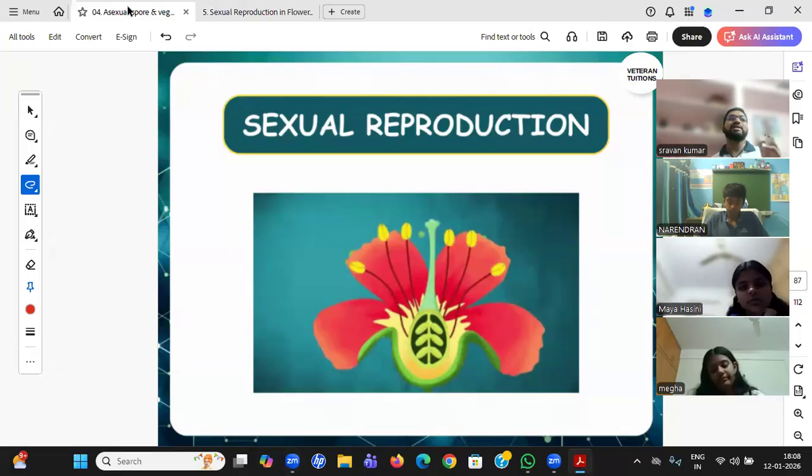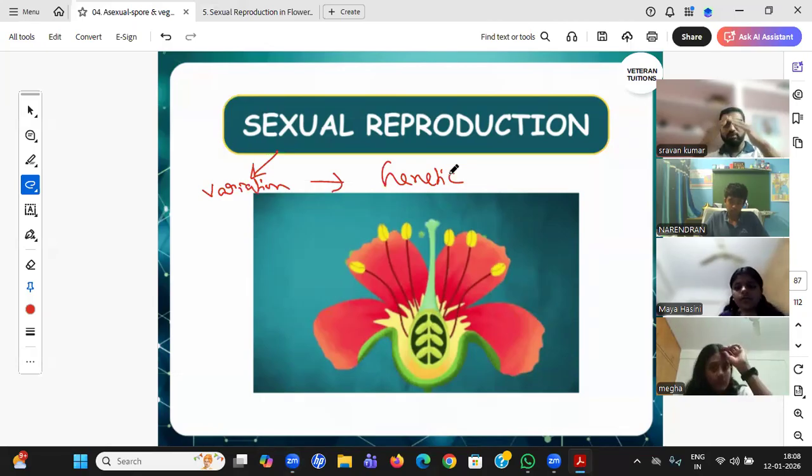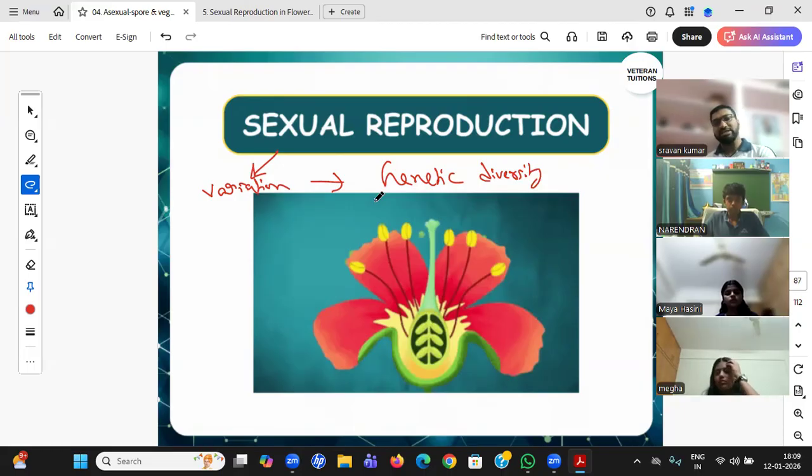We have learned the disadvantages of asexual and the advantages of sexual reproduction. The main advantage of sexual reproduction is variation. Variation means genetic diversity. You and I both ultimately come from the same lineage, but you and I are different. Why? Because of variation, and that is the reason for genetic diversity. So there are some advantages for sexual reproduction.